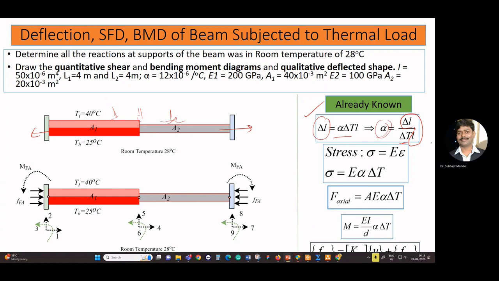So now, delta L by L is your strain, so here we can write that the strain is equal to alpha times delta T. Again, we know the stress is equal to E times strain.